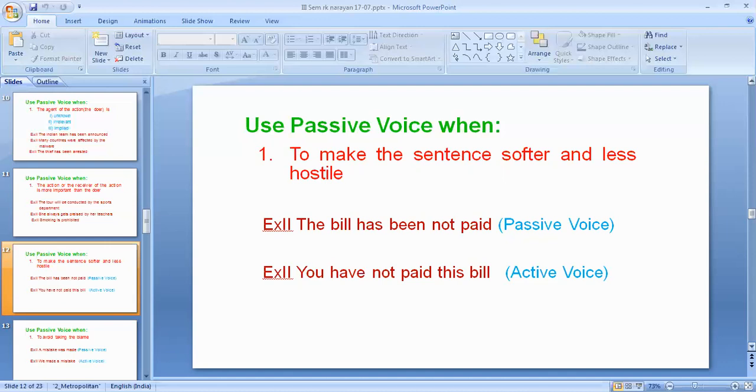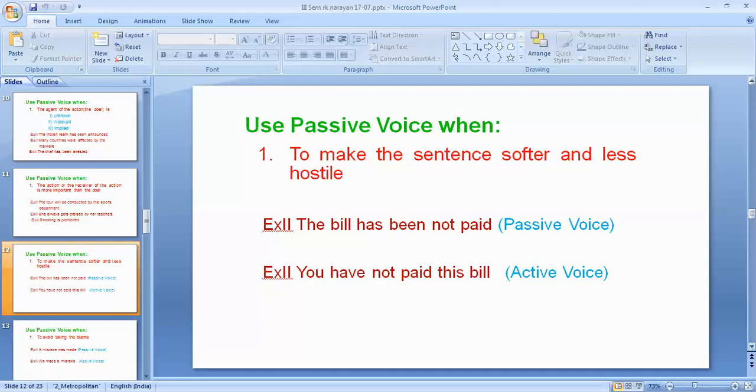But if we use the same sentence in active voice, how can we say it? You have not paid this bill. So the doer of the action is the subject of the sentence. But this sentence looks a little bit harsh and hostile compared to the first sentence, because here we are focusing on the person who did not do that action.